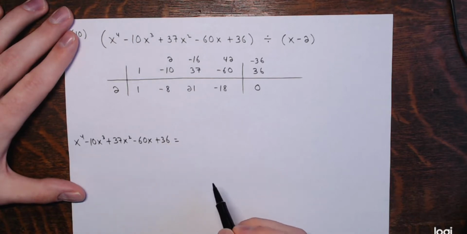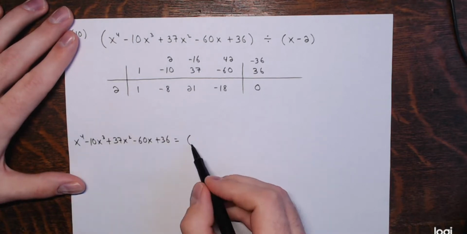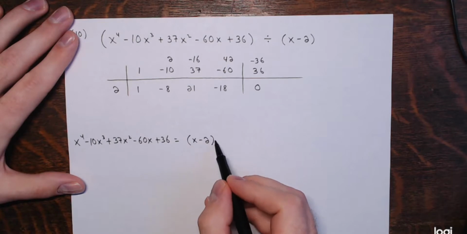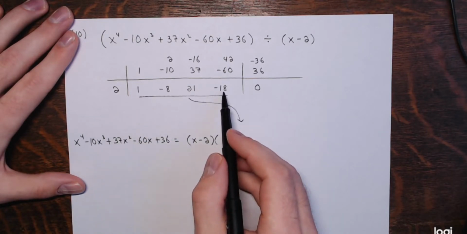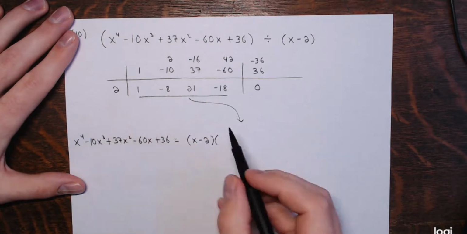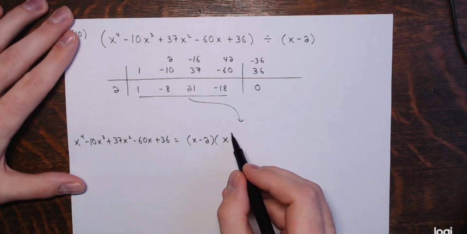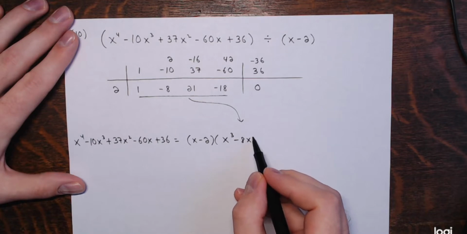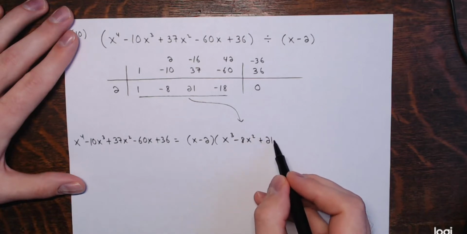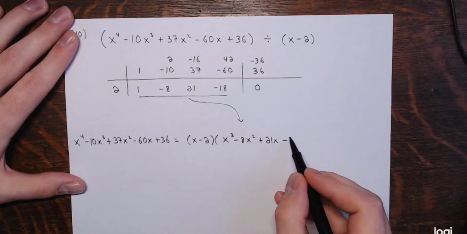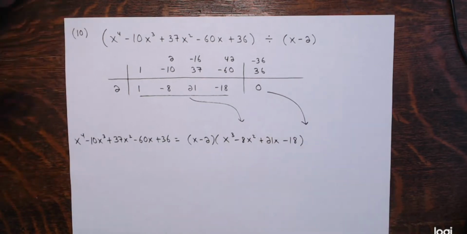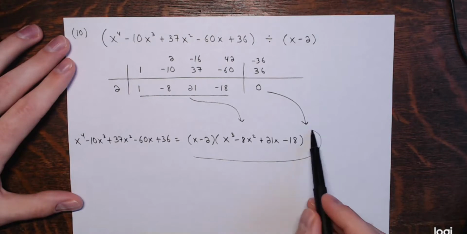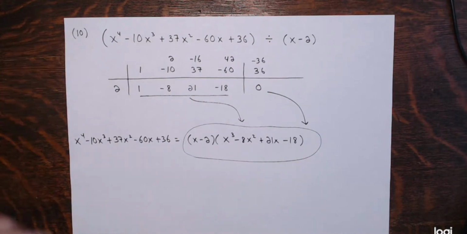And here's how. x minus 2 is a factor times the quotient, whose coefficients you start from here and go up, and that'll be a degree 3. 1x cubed minus 8x squared plus 21x minus 18. And then plus 0, right? Again, there's no need to write plus 0. So there's a way to factor that degree 4 polynomial.